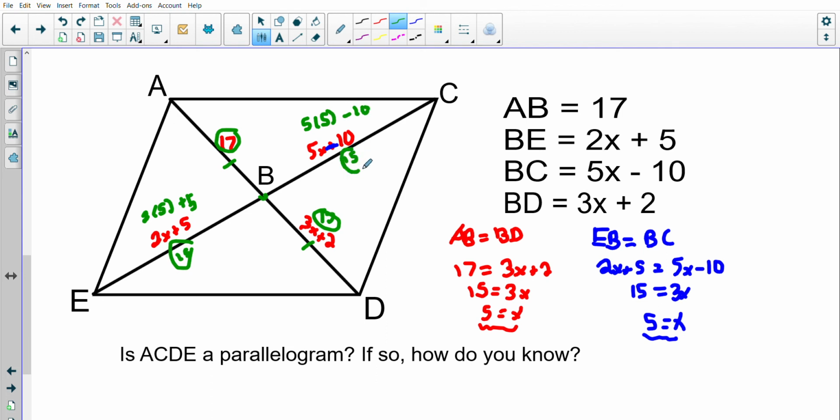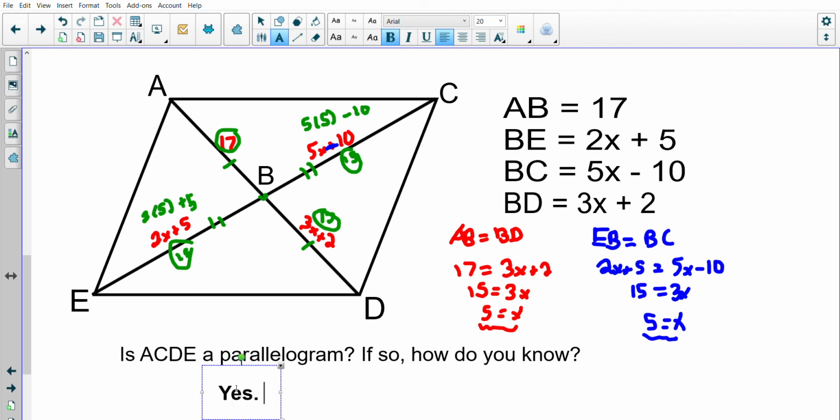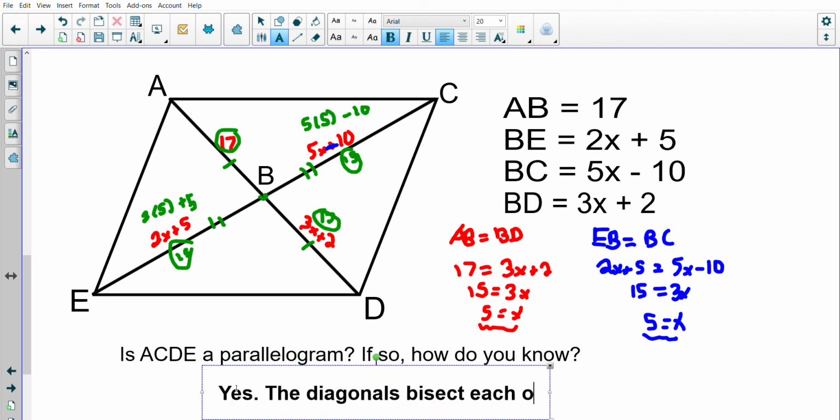So again, that shows congruent segments here and here, and so our conditions are met for this to be a parallelogram. So I can go ahead and say, yes, the diagonals bisect each other.